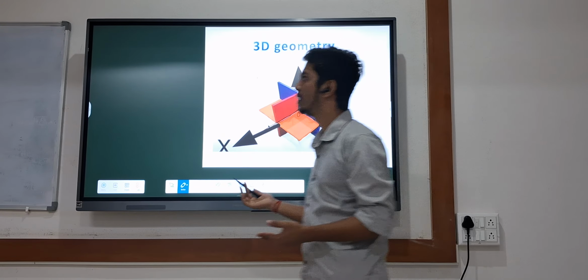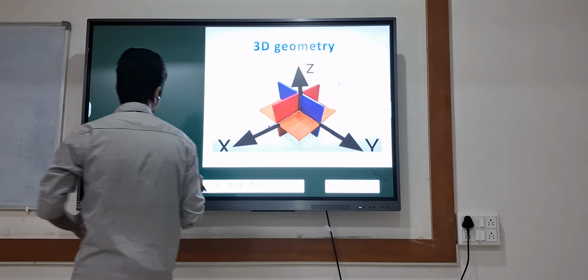In general, we can write this in the textbook or notebook. The second plane and the third plane. See here, three planes means three lines.